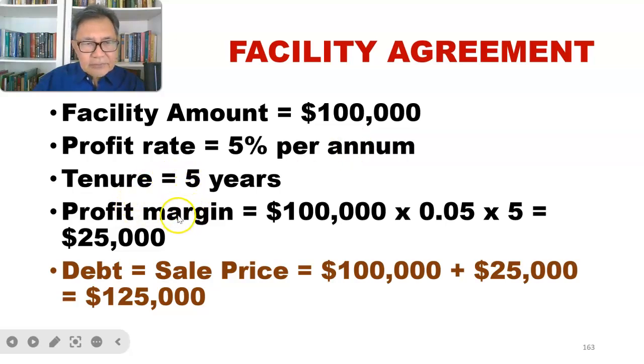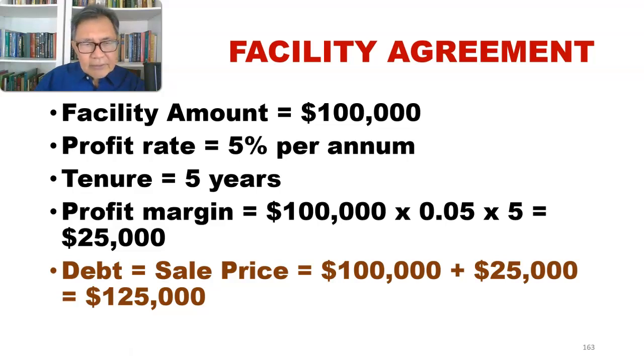So the profit margin from this facility amount will be based on $100,000 times 5% times 5 years, and that will give us a profit margin of 25%. And we can see here that the debt created from the facility amount of $100,000 would be the sum of the facility amount plus the profit margin, and that will be $125,000.